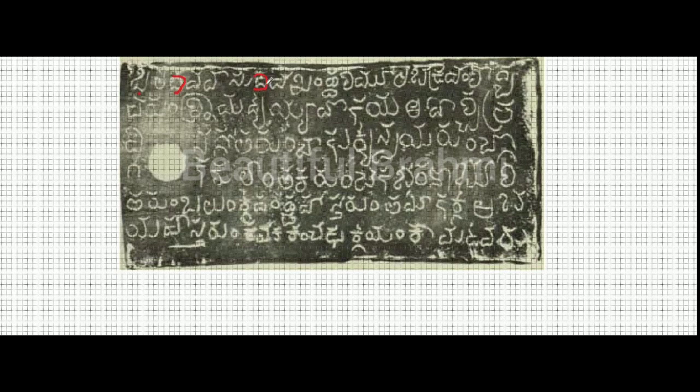So it says Baladeva, Vasudeva, then we have a kha over here. A modern Telugu kha is typically written like this, with the talakattu on top. But this kha, when we see it, is simply written like this.